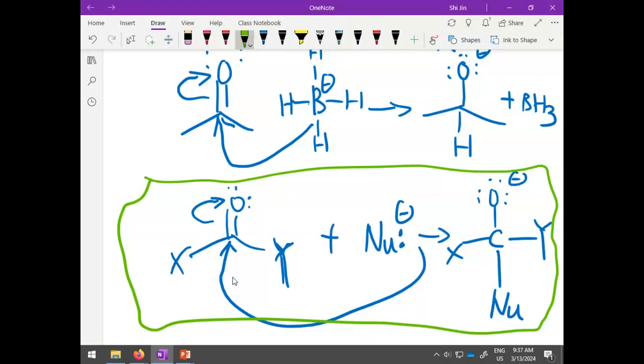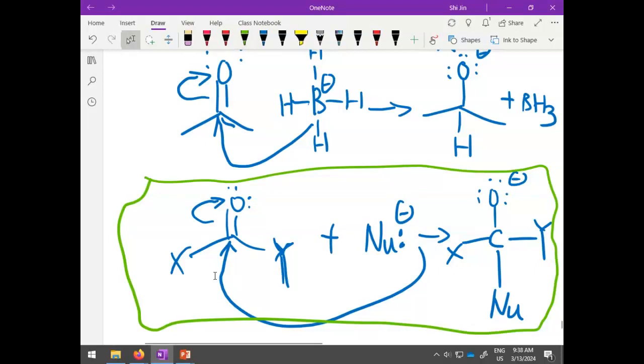This process is often relatively endothermic. The reason is that the C=O double bond is a fairly strong bond, so breaking it often costs energy.